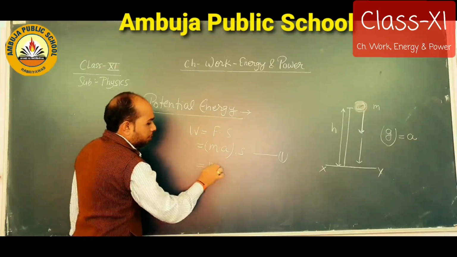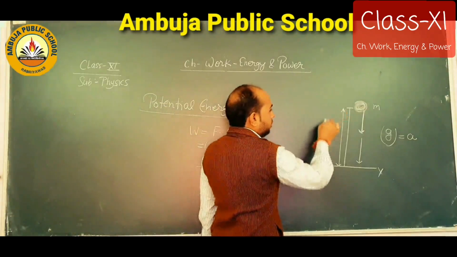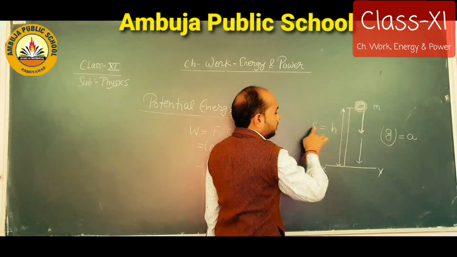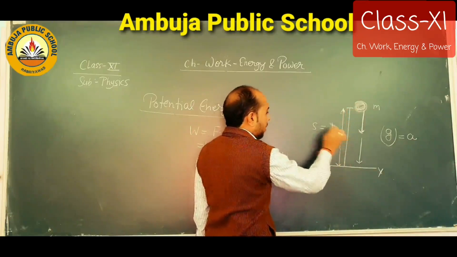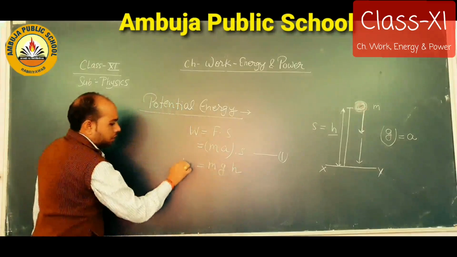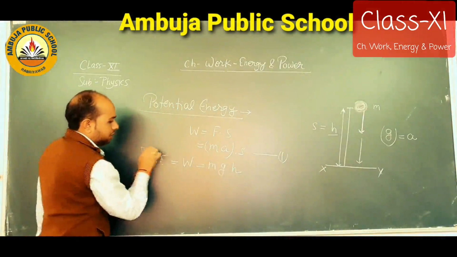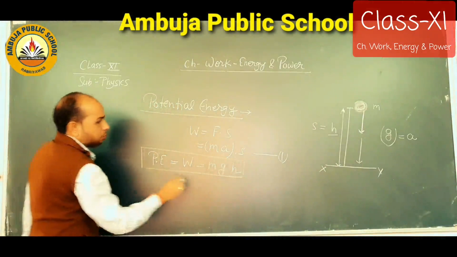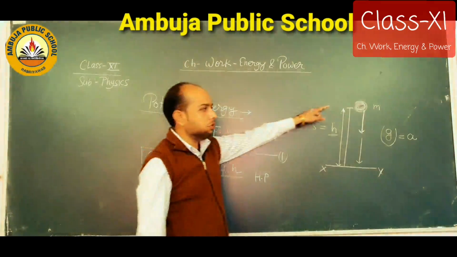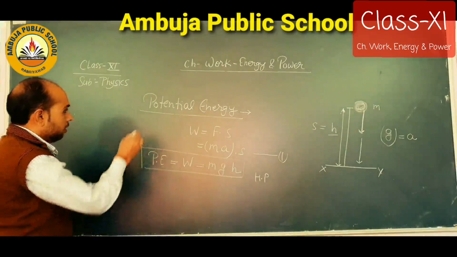This is the first change, m, a becomes g, and the second one, distance. Here s is to be replaced by h, because distance s is replaced by height h. Now this work done is equal to potential energy. So this is the proof of potential energy. Even if an object changes its position or configuration, this is said to be potential energy.